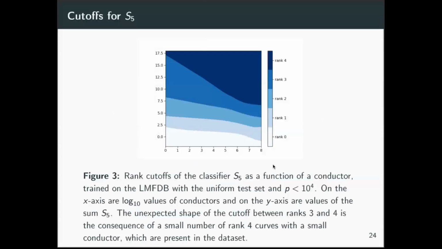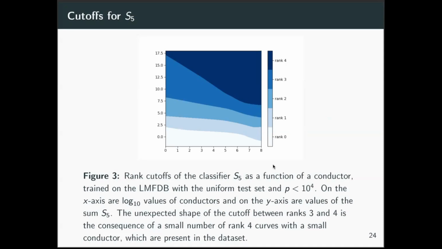Okay, now I will talk about results. This first slide is related to the cutoff that I was telling you about. Once again, the problem is that for a given curve, you're given the conductor of that curve and the value of the Mestre-Nagao sum, and based on this data you want to decide on the rank.